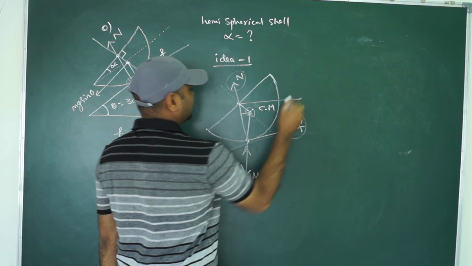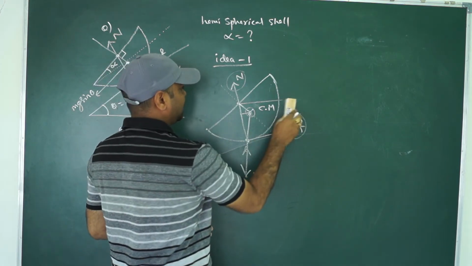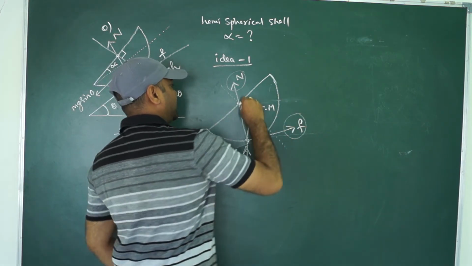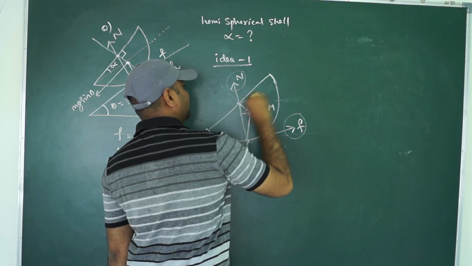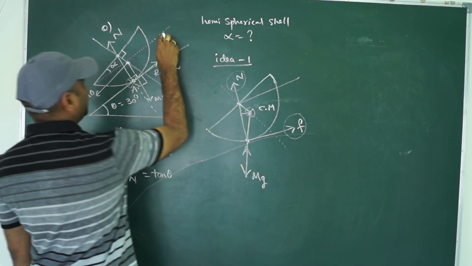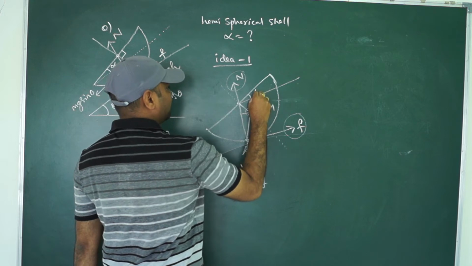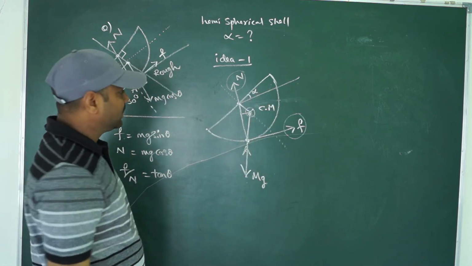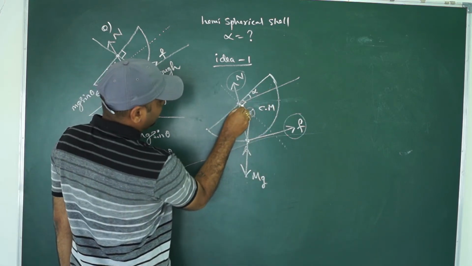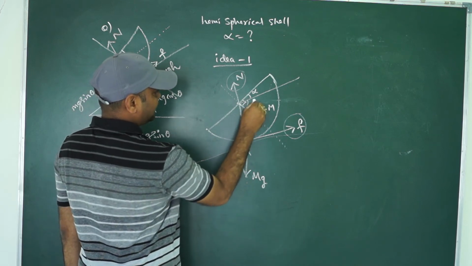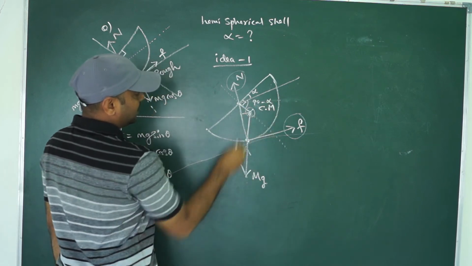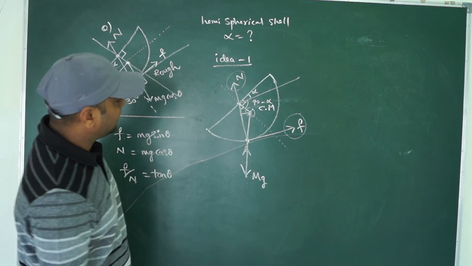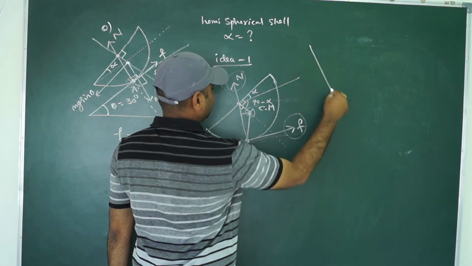If I make a line along the incline surface, something like this, a line parallel to the incline, then this angle will be alpha because we require alpha. We know that these two are perpendicular, that means this is 90 minus alpha. And this is the angle inside the triangle. So you see one triangle like this.